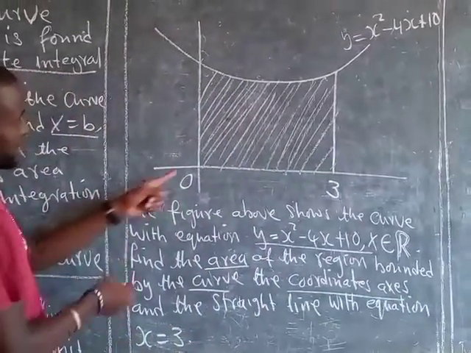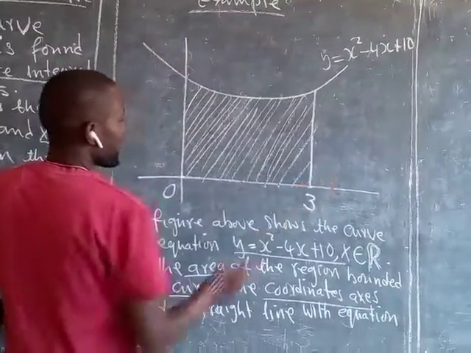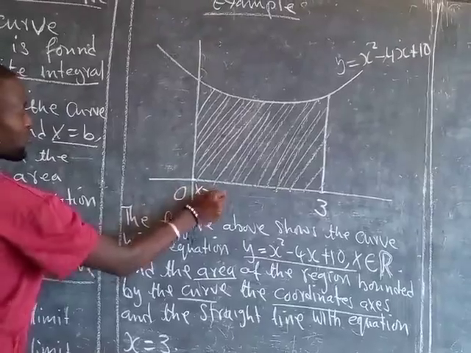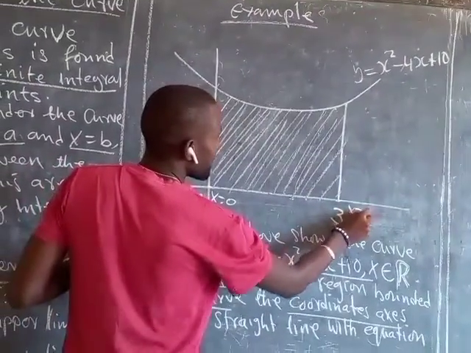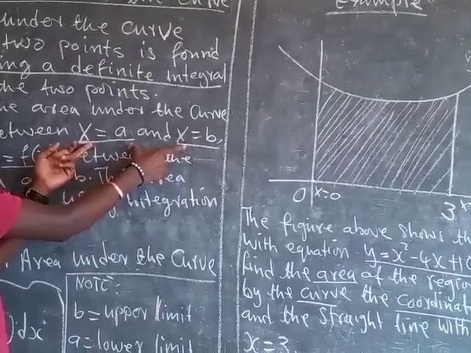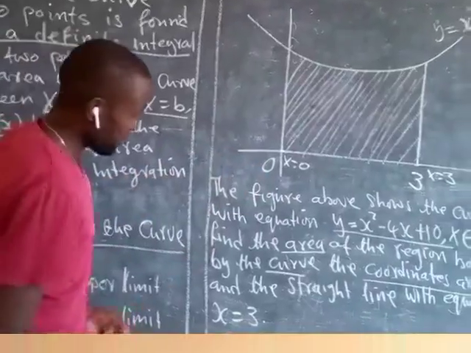What are those coordinate axes? We are told that it starts from 0 here and 3. So you can say this is my x is equal to 0 and this is my x is equal to 3. The same applies with these 2 limits which were given on the other board. So now how do we apply the formula to this kind of equation?